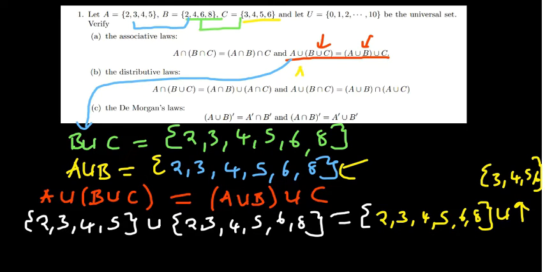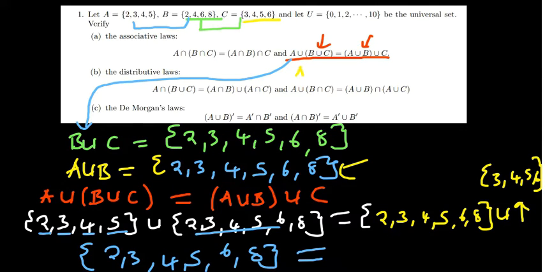On the left hand side, if I begin to combine, 2, 3, 4, 5 are already part of that set, so it will just be the same: 2, 3, 4, 5, 6, and 8.